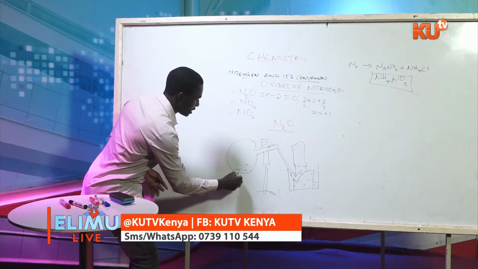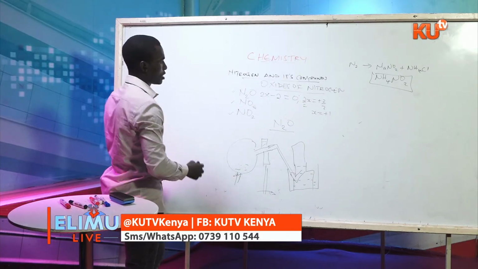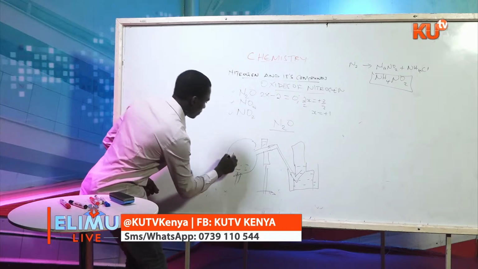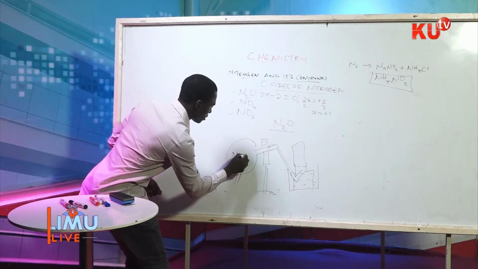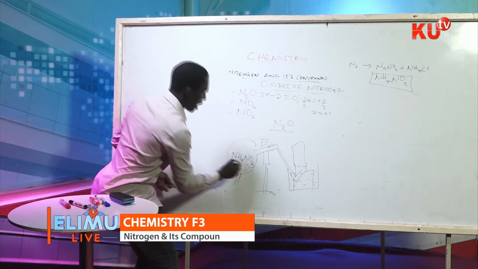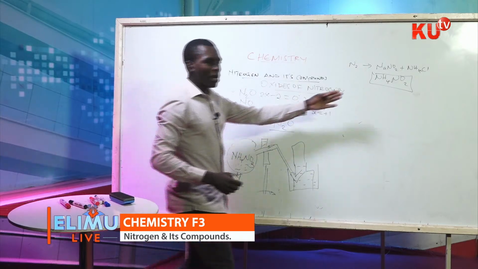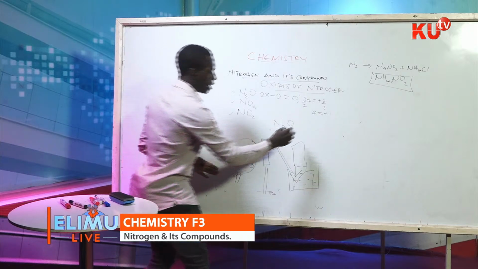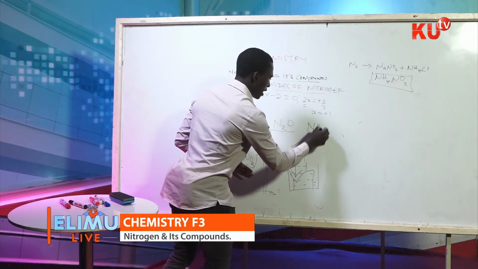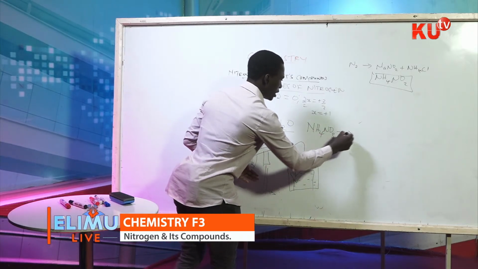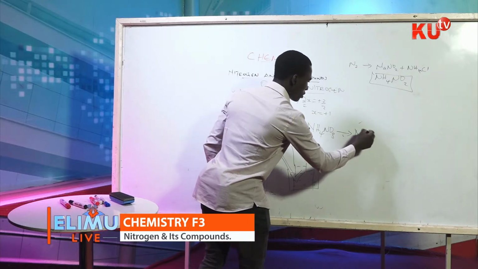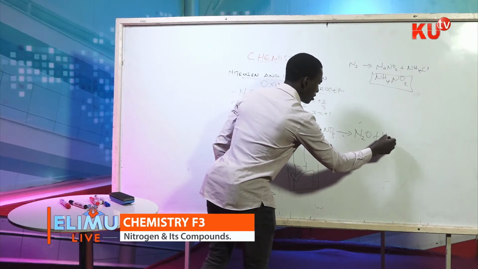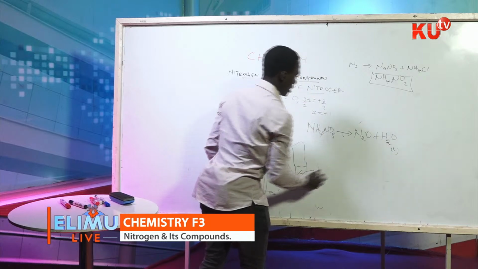The reagent we use here to obtain nitrogen 1 oxide is ammonium nitrate. Unlike in nitrogen gas, where we used ammonium nitrite, in nitrogen 1 oxide we are using ammonium nitrate. Now, when ammonium nitrate undergoes thermal decomposition, it will give us nitrogen 1 oxide and water.